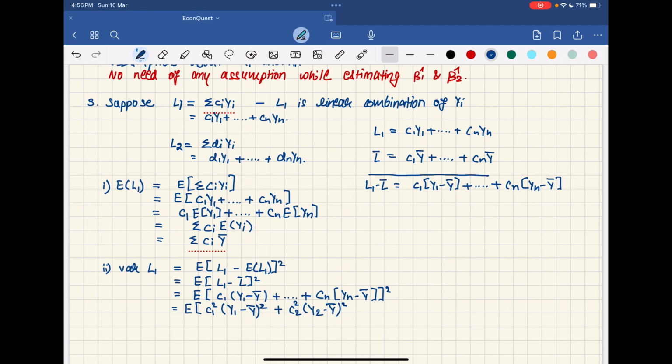Okay, in short, if you have a plus b plus c whole square, you get a square plus b square plus c square plus 2ab plus 2bc plus 2ca, right?